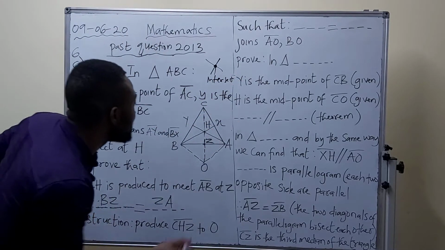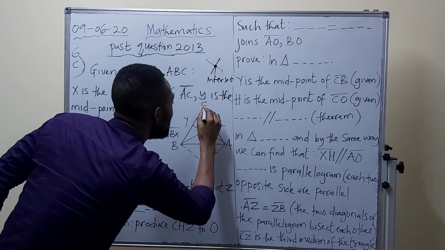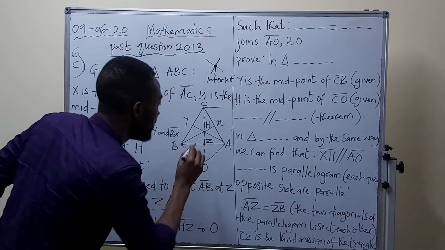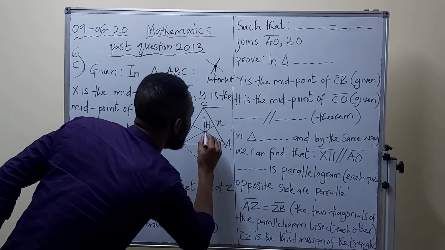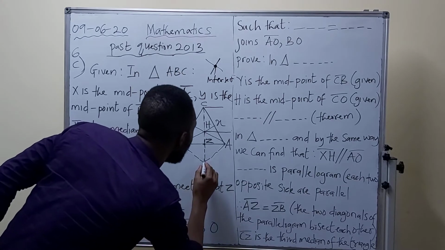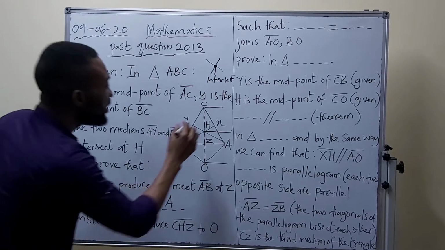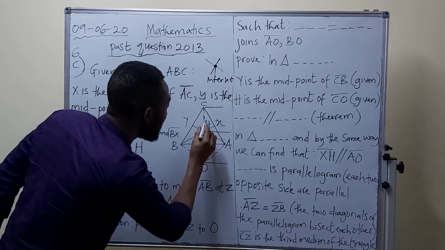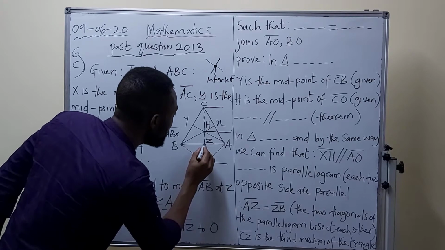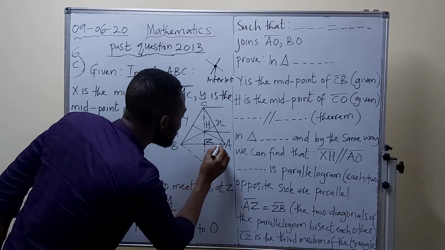If you look at here, I want you to believe that this distance from C, H and Z, from here to here and from here to here, is equal.